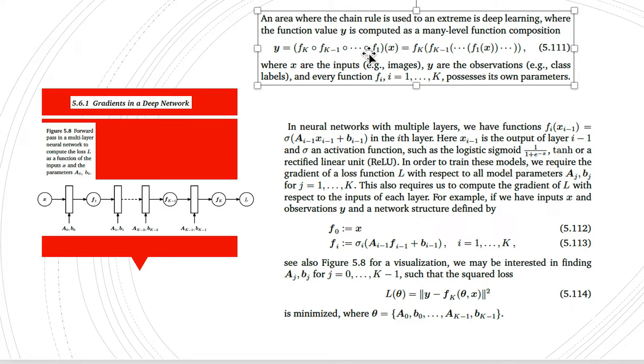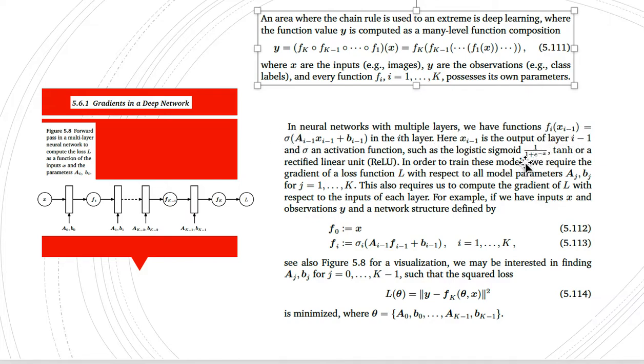So in a neural network with multiple layers, we have function f_i(x_{i-1}) equivalent to sigma(A_{i-1} x_{i-1} + b_{i-1}). This is in the ith layer. Here the x_{i-1} is the output of layer i-1 and sigma is an activation function such as the logistic sigmoid. Oh, this one we call it as sigmoid.